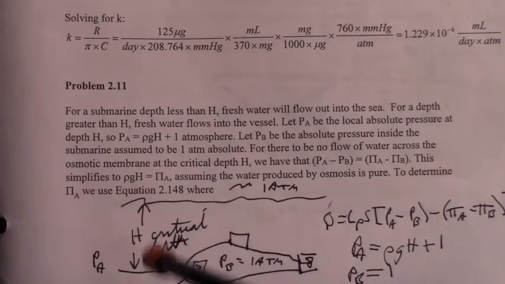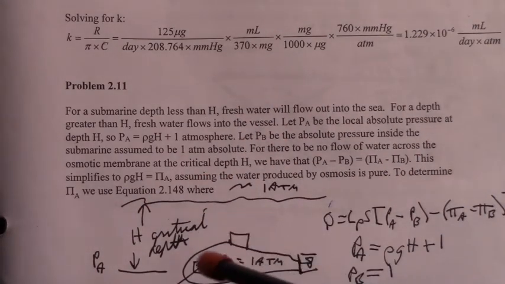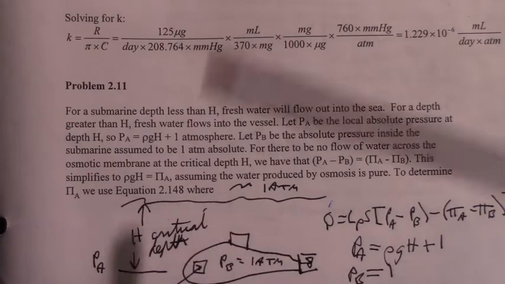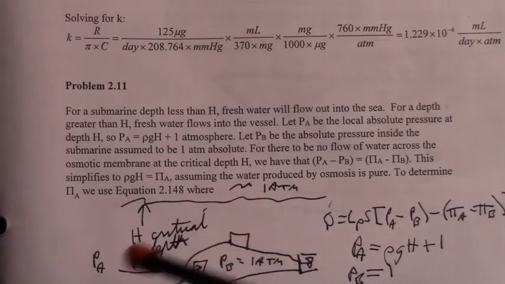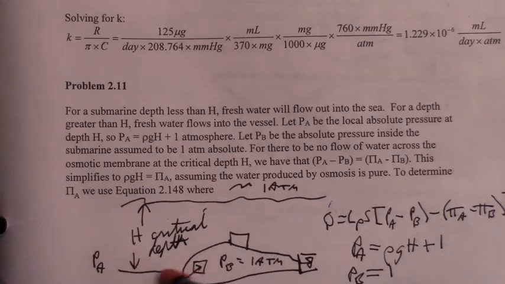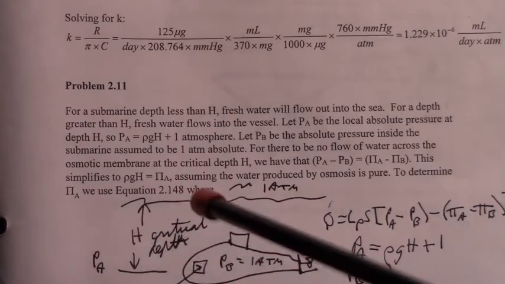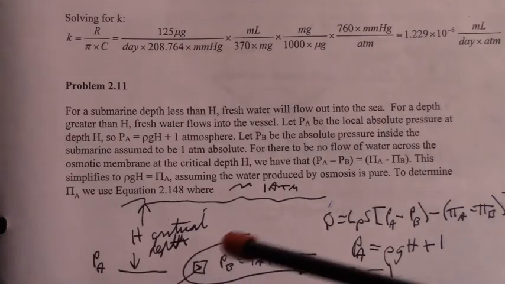But if you're above some critical height that we call H, this device would not work, because if you had fresh water on the other side of the membrane and the depth wasn't high enough, because of osmosis, the water would go in the reverse direction and you'd actually lose water from your system. As the submarine would go deeper and deeper, it would get to some critical depth, which we're going to call H. That flow where you're losing your fresh water would stop, and then as you go deeper than H, the hydrostatic pressure would be high enough that you would actually get what's called reverse osmosis.